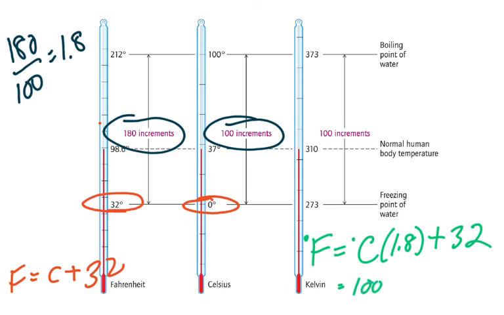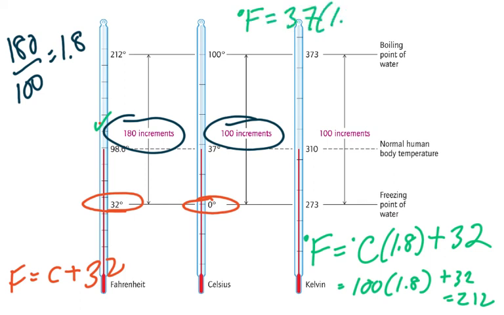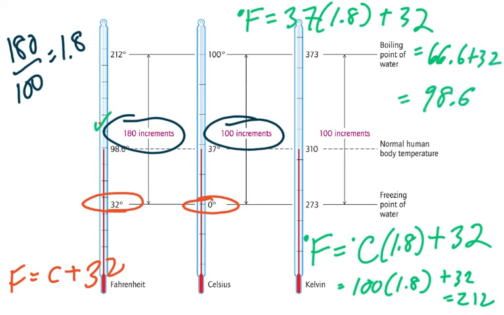So let's see if that works now. We'll put 100 degrees here, times 1.8 is 180, plus 32 is 212. So that works. Let's try 37, body temperature. We take 37 times 1.8 plus 32, and that would equal 66.6 plus 32, which is 98.6, which is what we wanted.